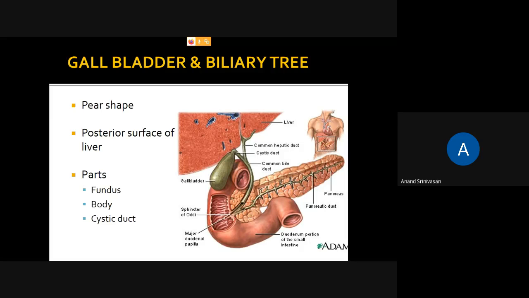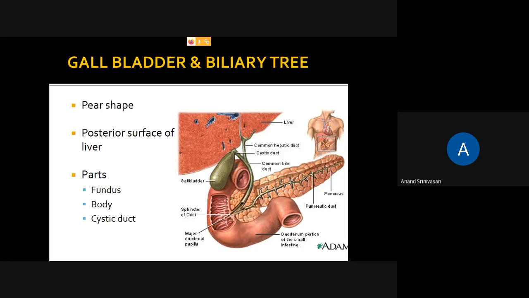So what happens when the fatty substance enters the stomach and then the duodenum? The intestine recognizes that there is fat, and then it orders the gallbladder to secrete the bile. This bile comes down and meets the fatty substance and breaks it down into smaller and smaller molecules so that the fat can be absorbed.